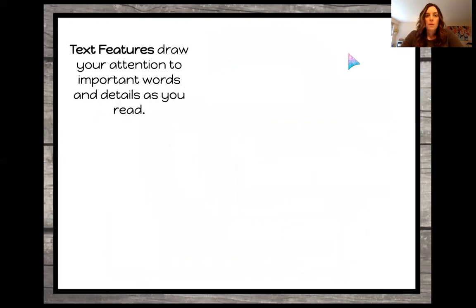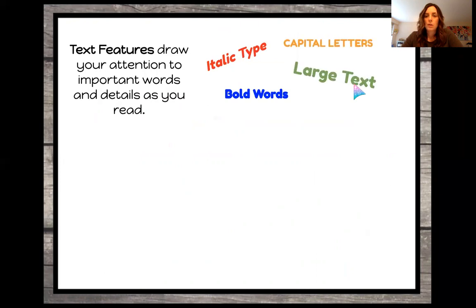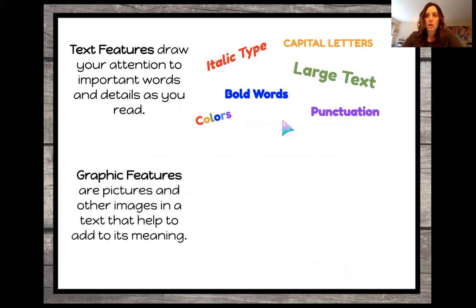You'll probably remember that we've talked about how text features draw our attention to important words and details as we read. And these are things like italic type, bold words, capital letters, large text, colors, and punctuation. And then we also have graphic features. Graphic features are pictures and other images in a text that help to add to the meaning.